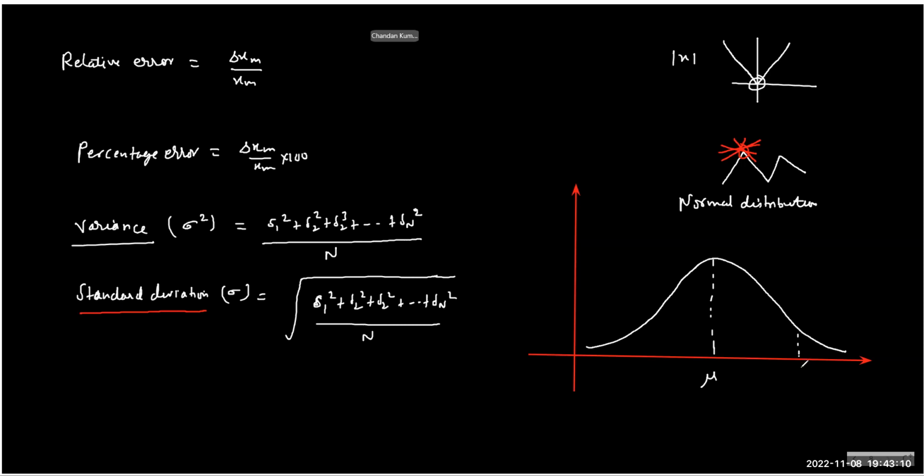And then this is the deviation on both sides. So this is mu plus sigma, and this is mu minus sigma. Okay. So if the sigma is really small, that will help you in deciding what kind of data or experimental value is acceptable or not acceptable.